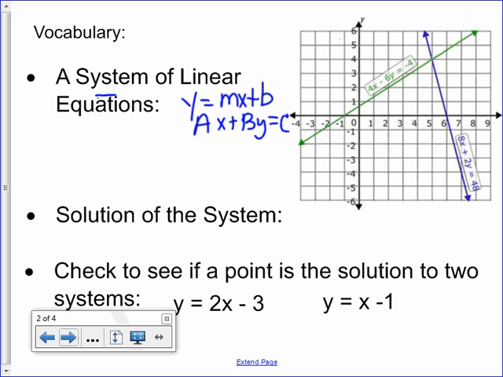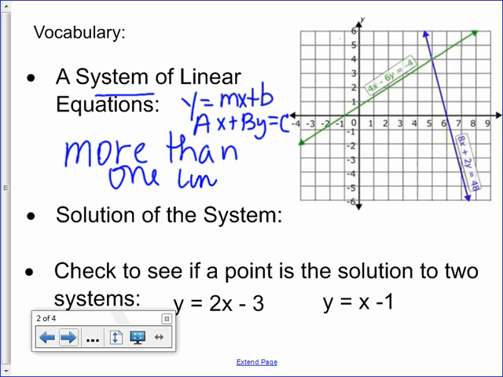So when we talk about a system, we're talking about more than one linear equation. Typically, we're going to be looking at two. Okay? Those of you doing honors geometry may get to the point of looking at what if we have three unknowns, x, y, and z. Okay? That's for future reference.